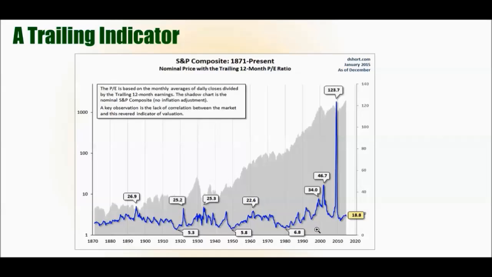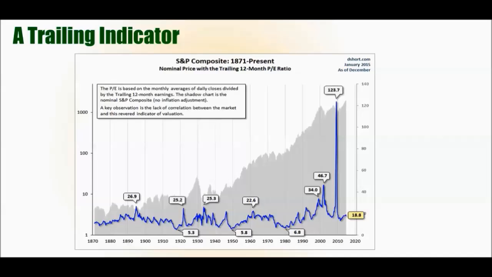The PE ratio has been up and down. There's not really a correlation between the PE ratio and the S&P 500. And some critics of this indicator will say, this is kind of useless. There's no correlation, it has no predictive value. So that's one thing to bear in mind, or something to consider.